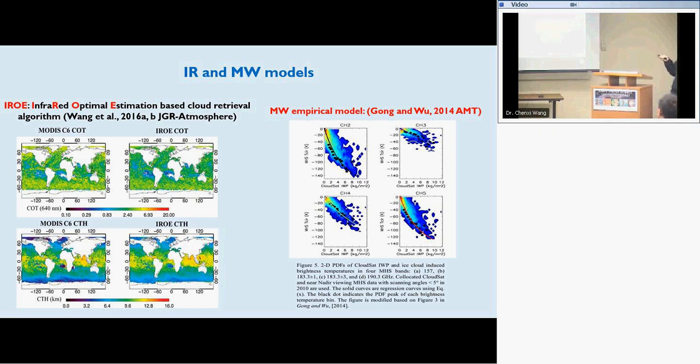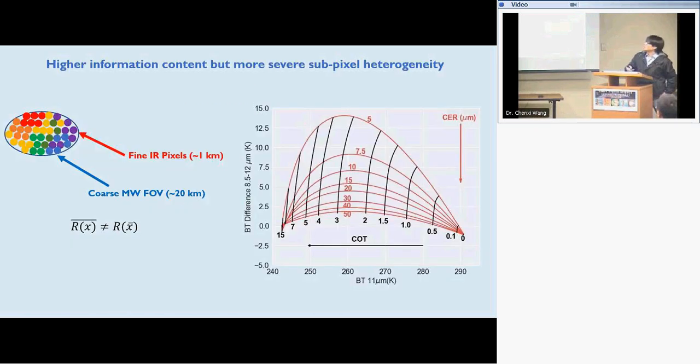They developed an empirical model for microwave channels, the 150 gigahertz and some sounding gigahertz channels. But what we have to handle, as I talked about before, is that when you combine infrared and microwave, they have totally different spatial resolutions. For example, the microwave is about 20 kilometers, but the infrared has 1 kilometer near the nadir point of view.